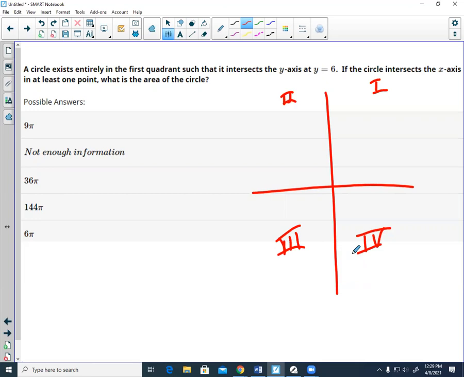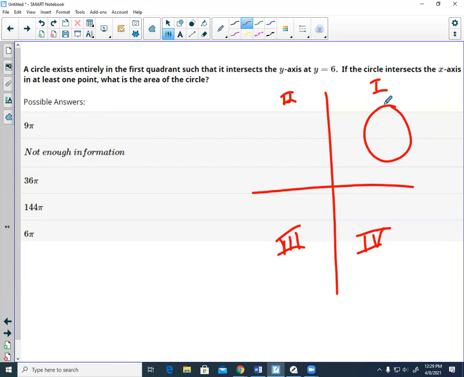I guess it really doesn't make that big of a difference which one it's in, because realistically we're talking about a distance, and distance can only be positive. But what we need to pay attention to is what it means for something to exist entirely in one quadrant. So right now, if I tell you that something exists entirely in one quadrant, this is what most people would think, which is fair. That's a good idea.